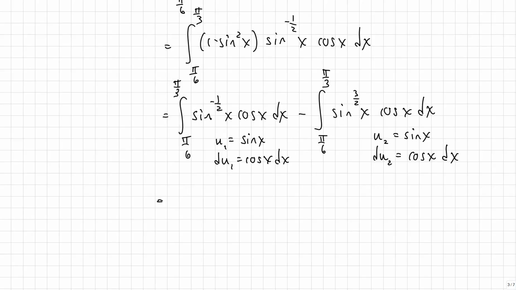And let's see, we'll end up with, by the time you add 1, 2 sine to the 1/2 x minus, by the time you add 1, 2/5 sine to the 5/2.